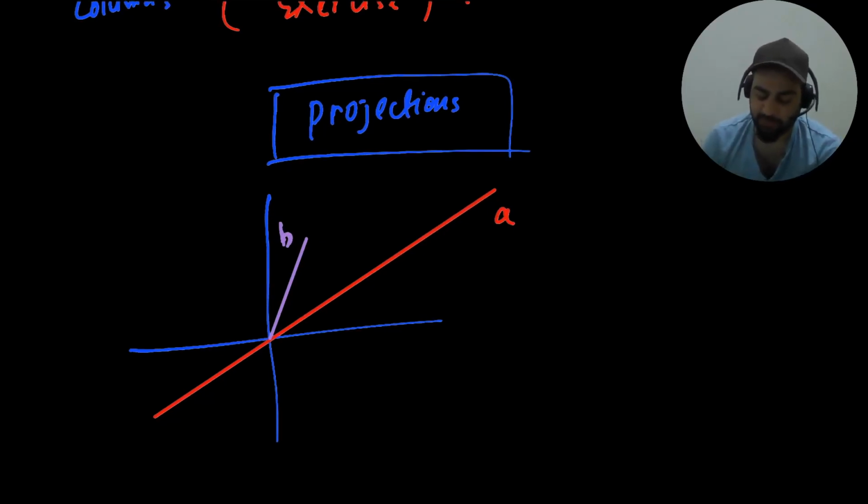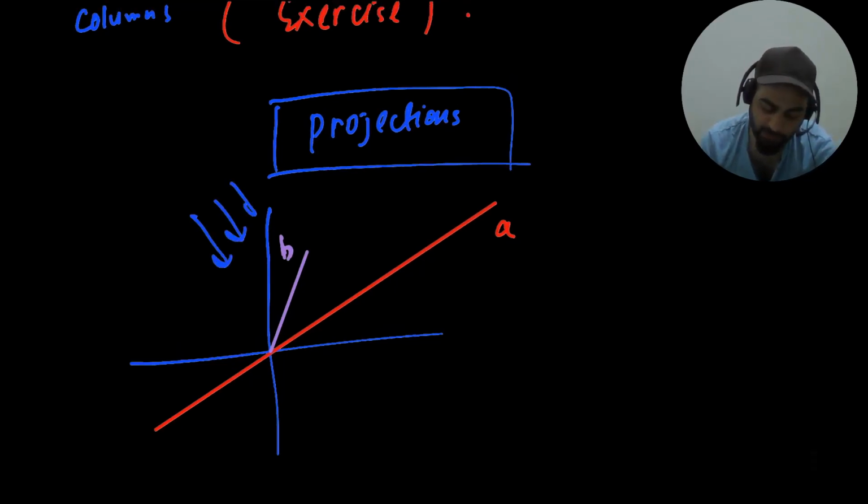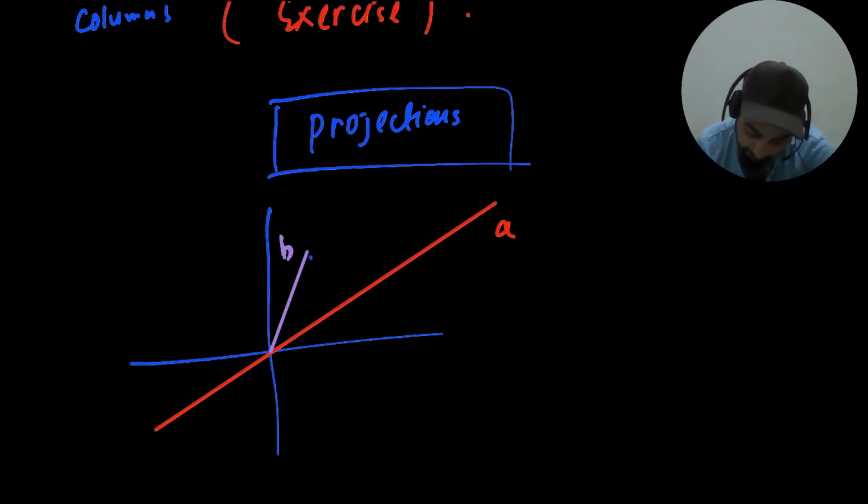So projection basically means you are dropping some torchlight in this direction, so that if you draw a perpendicular here, a shadow will be formed over here.